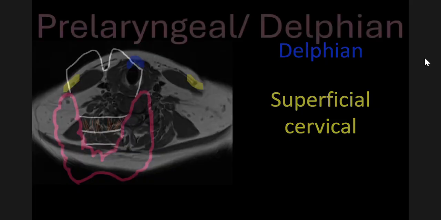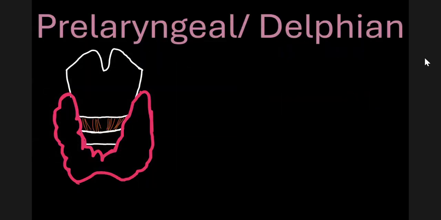So let's talk about these different lymph node levels, the named levels. So prelaryngeal or Delphian lymph nodes, typically they're classified as the lymph nodes that are in the cricothyroid gap or in the cricothyroid membrane, but practically any lymph node that is in the midline in that region is taken to be a Delphian lymph node.